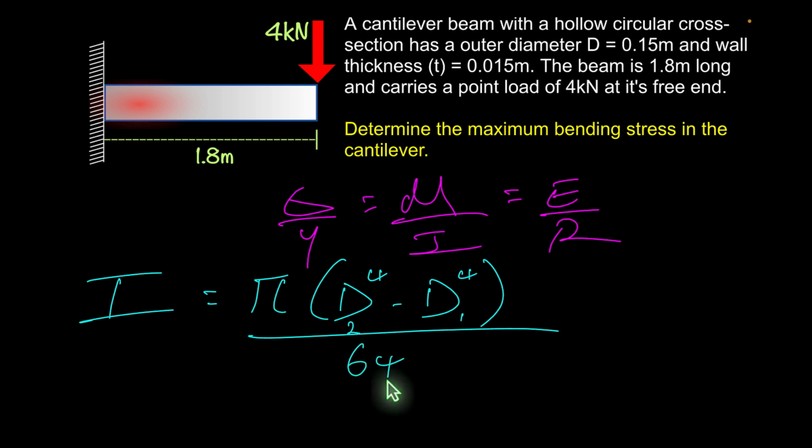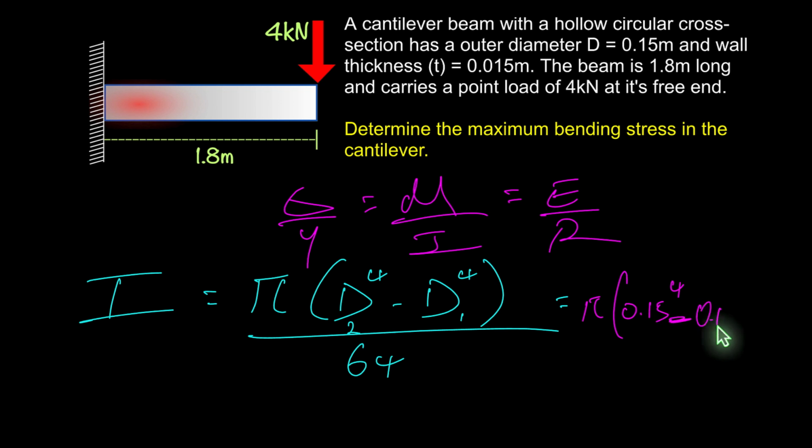So we're calculating here the second moment of area, and whilst I'm going through, I'll talk you through what that means as well. The second moment of area represents the beam's resistance to bending in this case.